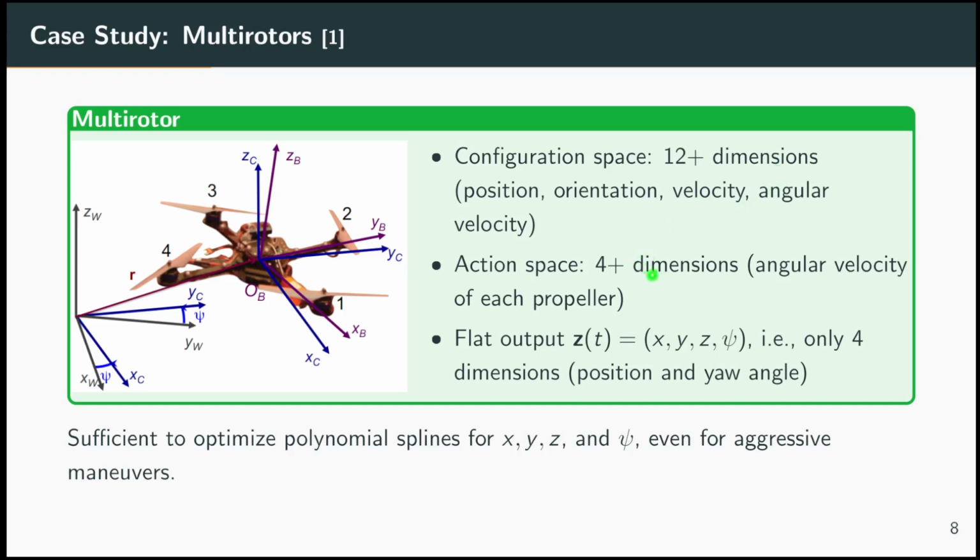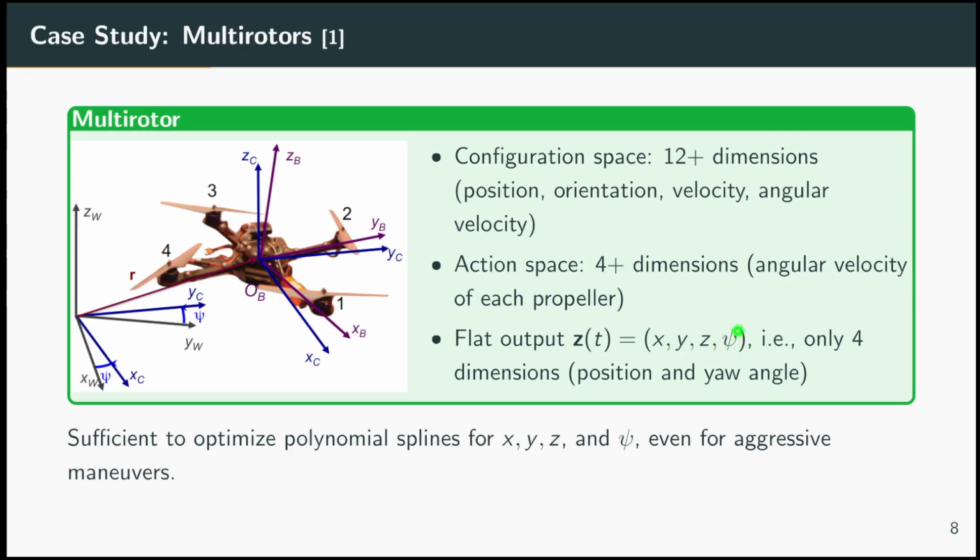Action space is typically just the speed of how you rotate each of the propellers. So it's 4-dimensional if you have 4 propellers, or 6-dimensional if you have more. And then the flat output is typically just the position.